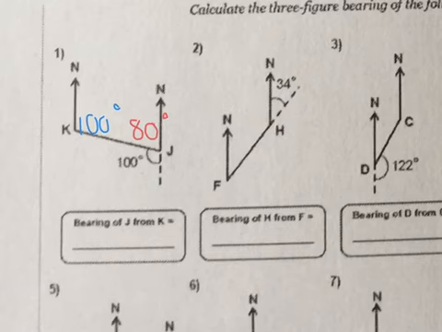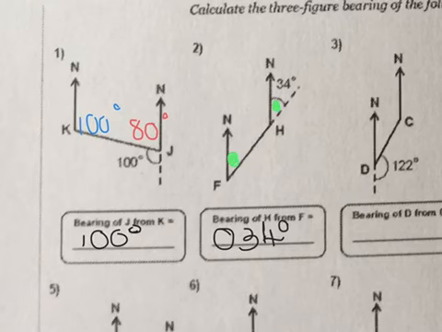It's creating an F angle. So with F angles, this angle is equal to this angle. So the bearing of H from F is 34 degrees. But remember, it's the bearing we're looking for, so it's 034, not just 34.